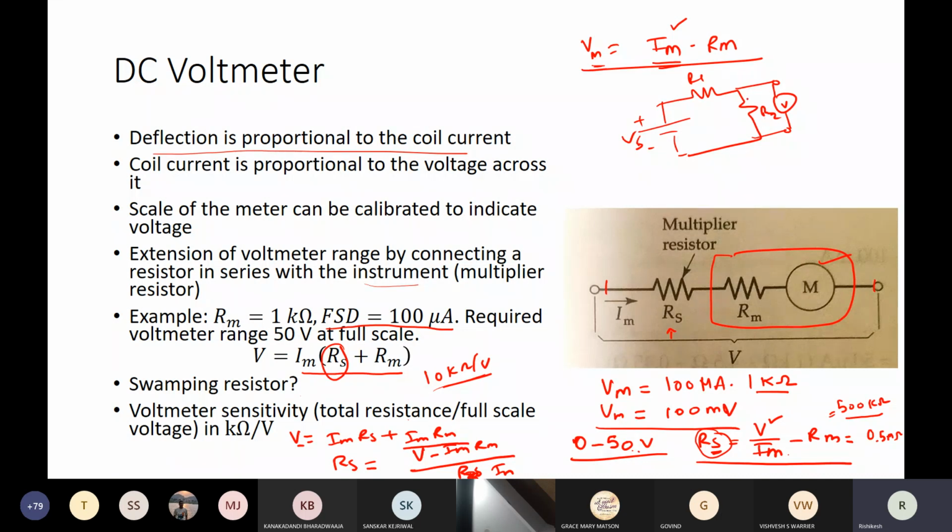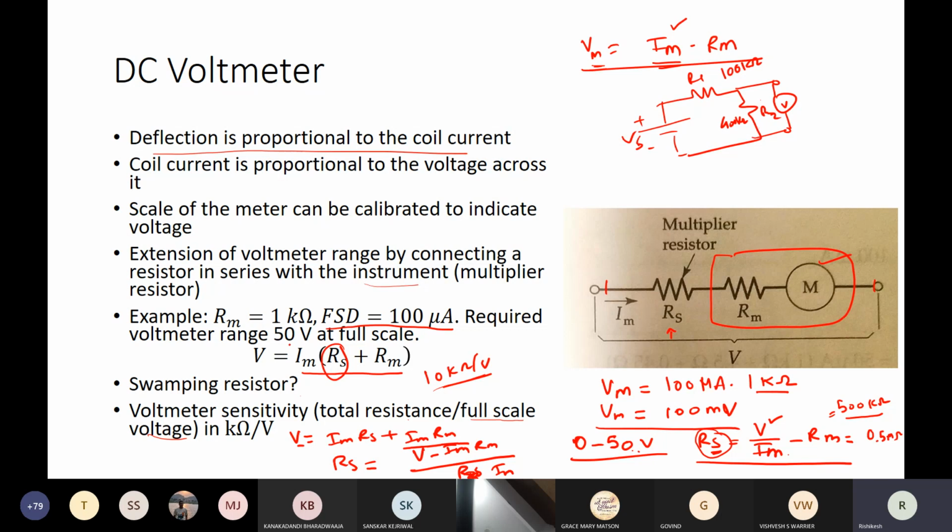Remember, sometimes even these values of R1 and R2, let's say this is 100 kilo ohm and this is 400 kilo ohm, right? So these values are comparable, isn't it? So effectively, the voltmeter will load the circuit, and you will not be able to measure the correct voltage. But if you know voltmeter sensitivity, let's say the manufacturer has already given, and remember it is expressed with full scale voltage, not measured voltage.